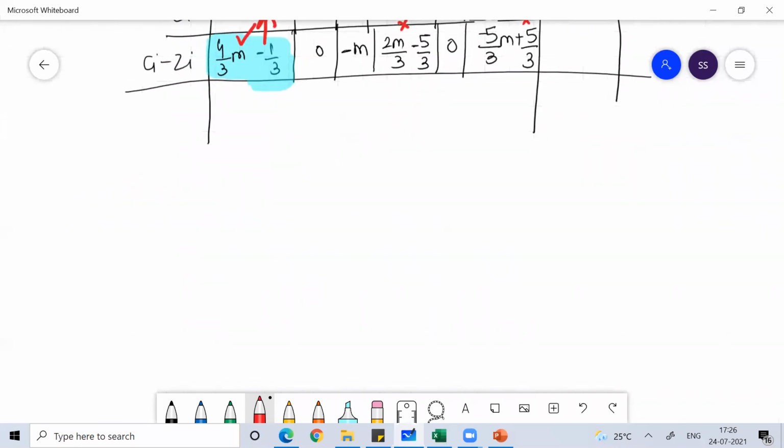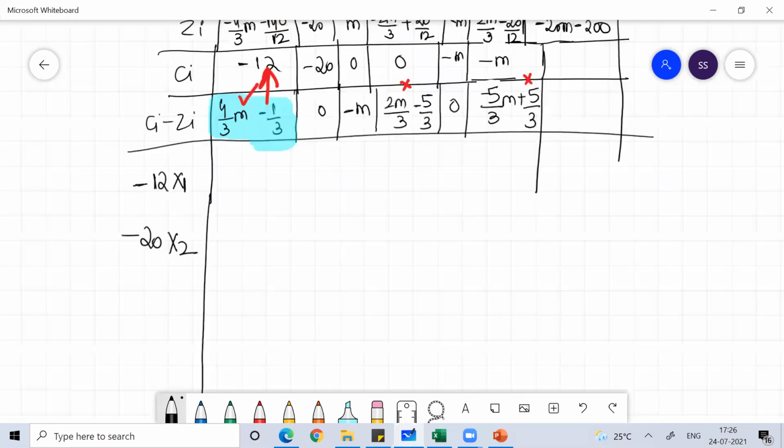So after this, in place of A1, I'll write X1. So minus 12 X1 minus 20 X2.